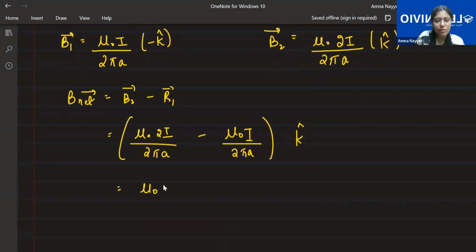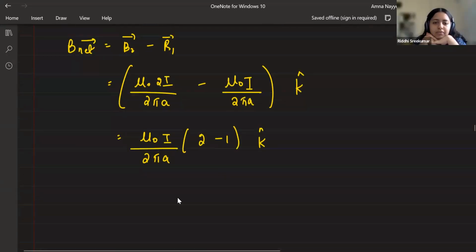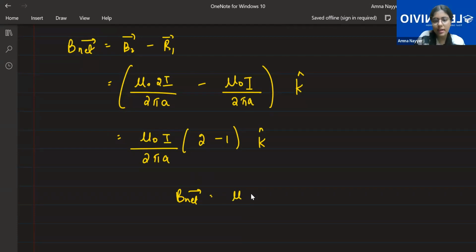If I take mu naught I by 2 pi A common, I'll be left with 2 minus 1, k cap. 2 minus 1 is 1. So what's the final answer? The final answer will be 1 into this, that is mu naught I by 2 pi A, magnitude, k cap for the direction, Tesla for the unit. This is how you have to answer when you have multiple wires.